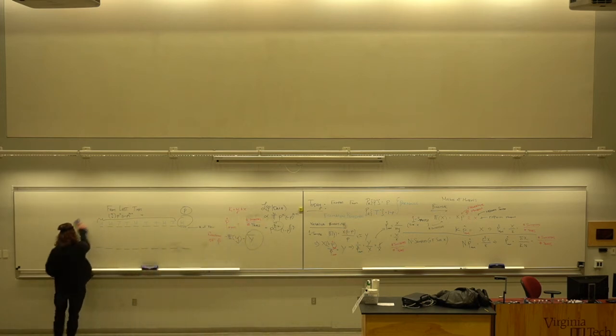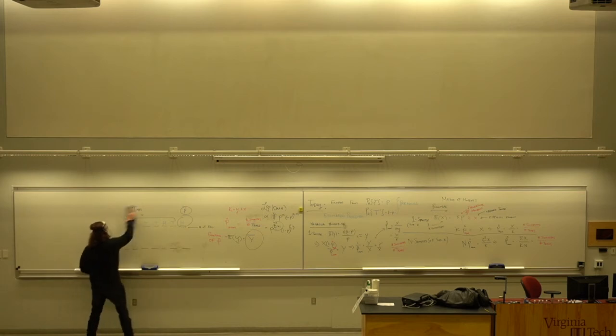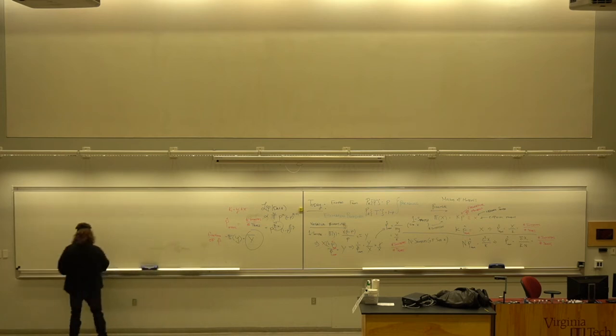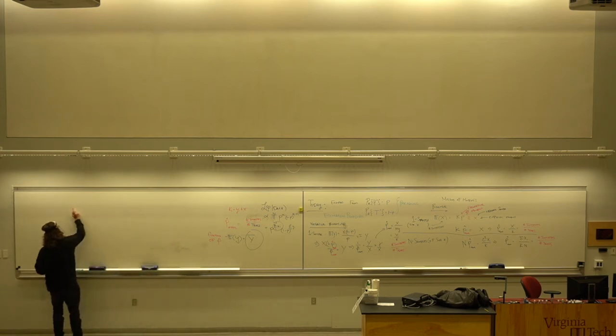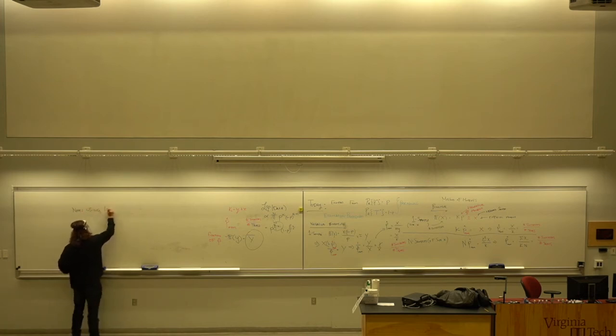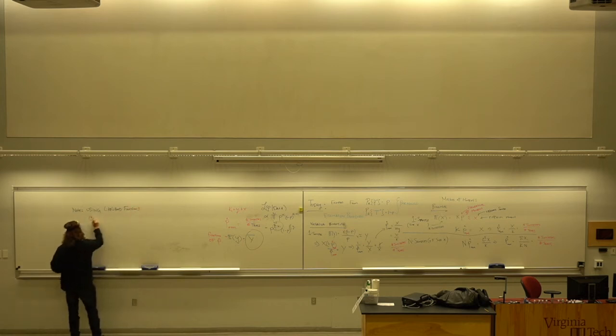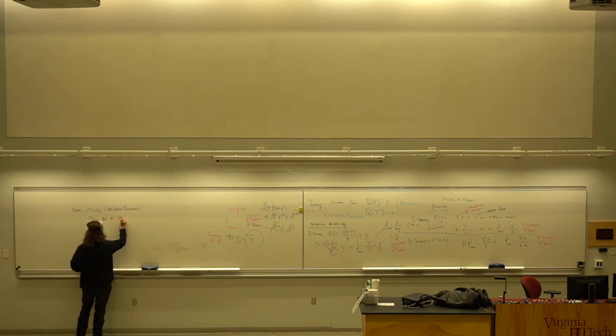So let me just write that down. And then I'll show you what the maximum likelihood procedure is. So note, using likelihoods, the likelihood functions can be a very good idea.